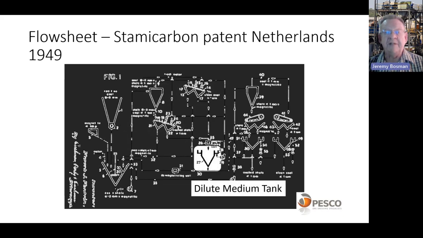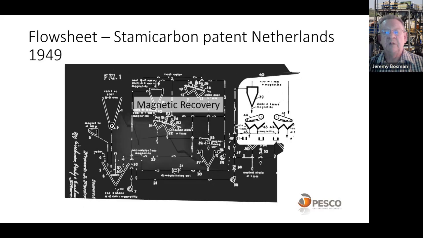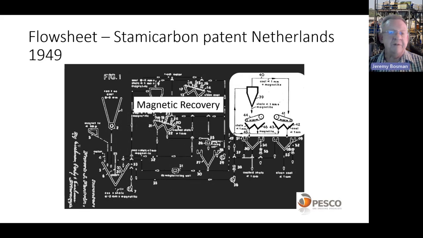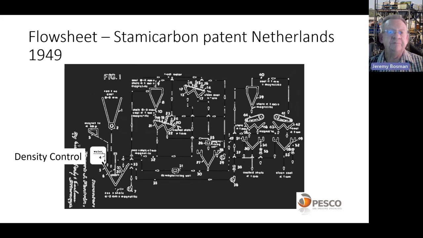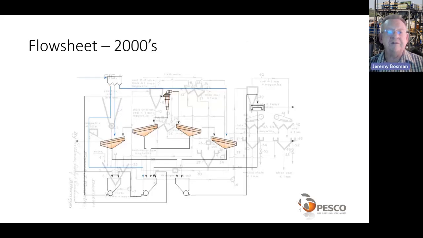There's a dilute medium tank. There's magnetic recovery. And it has density control. We come to the 2000s, and what has changed? Yes, we have densifiers now, which they didn't have back then, and we've improved magnetic separators, but all the fundamental building blocks of the flow sheet are the same. So it's not the flow sheet that's a problem.